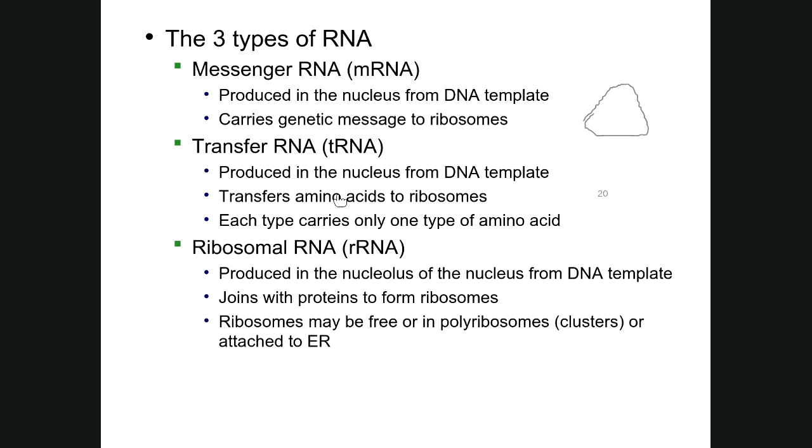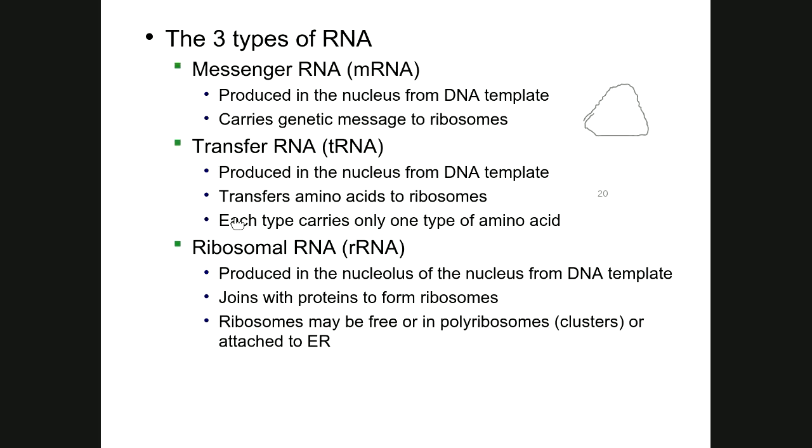So each tRNA carry one amino acid to the ribosome. That means how many tRNA we needed? We needed 20 different tRNA to transfer these 20 amino acid to the ribosome.